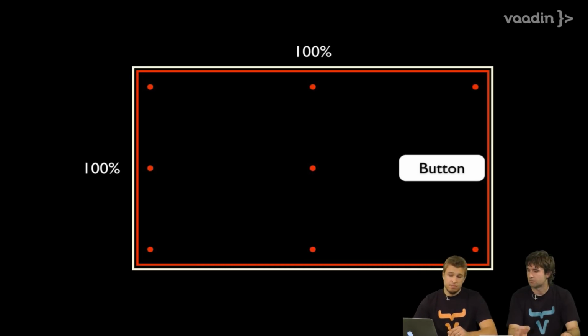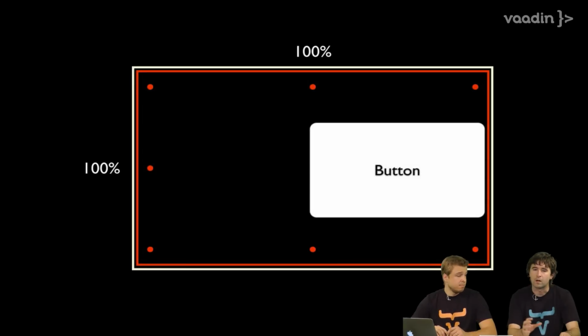Yeah, and the same case when you have the size of the button bigger, that means that the position of the button can overlap over some points that you could align the button to. Yeah, exactly. So just a few pointers to keep in mind.